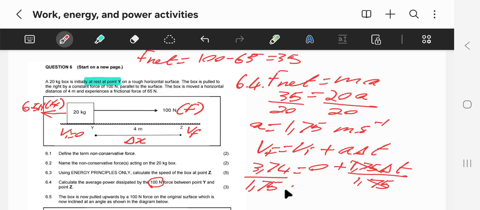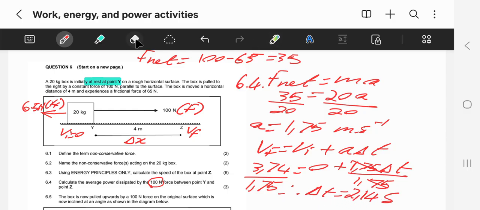And therefore delta T will be equal to 3,74 divided by 1,75, and the answer I get is 2,14 seconds.